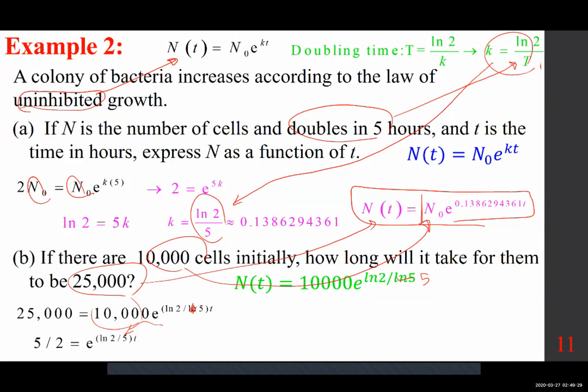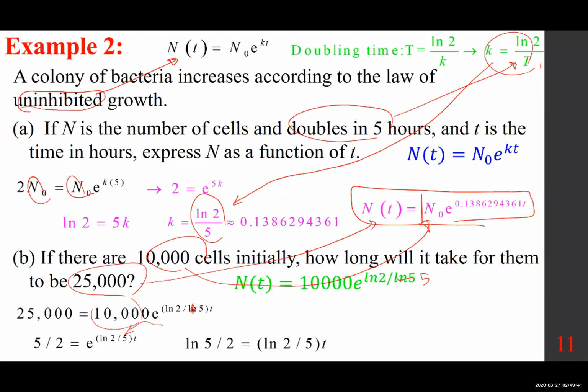And so let's take a natural log of both sides. Left side becomes ln of 5 halves. Right side becomes the exponent, just the exponent. Now, what is the exponent? ln2 divided by 5. And I want you to realize the difference between these two, okay?